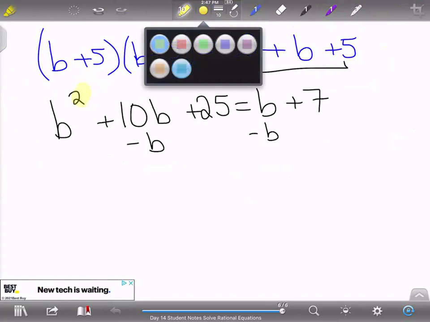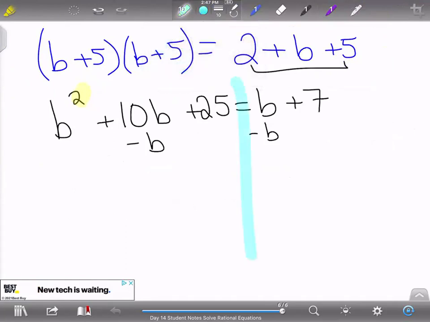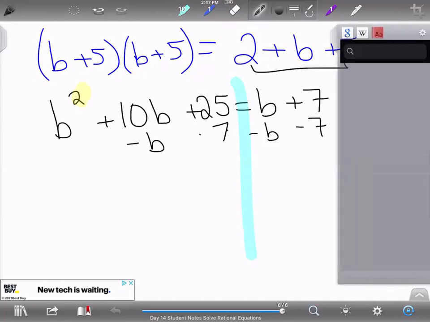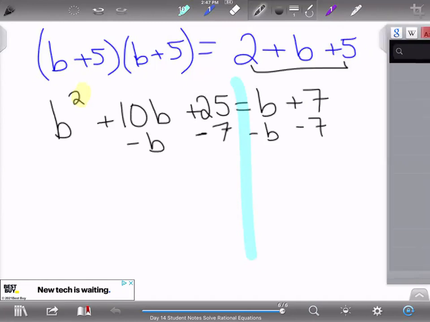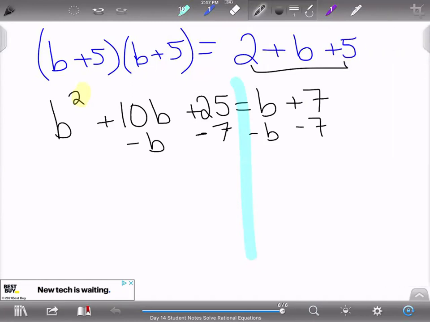Again, here's my separation of my two sides. I'm also going to subtract 7 from both sides. Sometimes we do this in 2 steps, but we're going to save ourselves some time by doing it all at once. So that's going to cancel both terms on the right-hand side and give us 0.